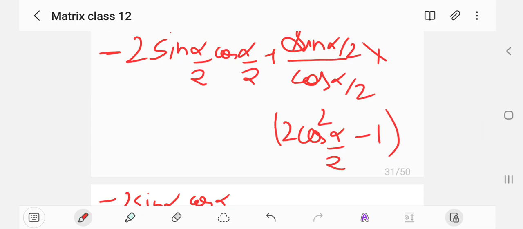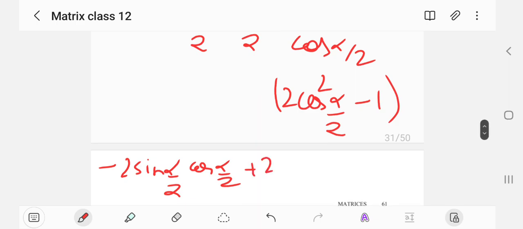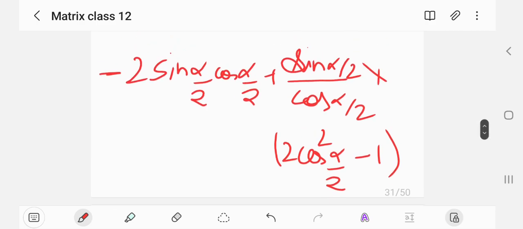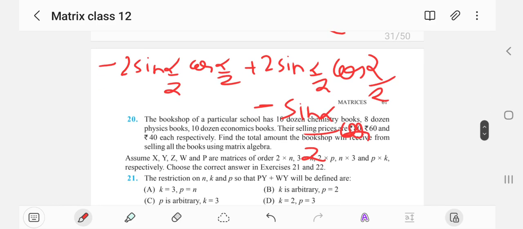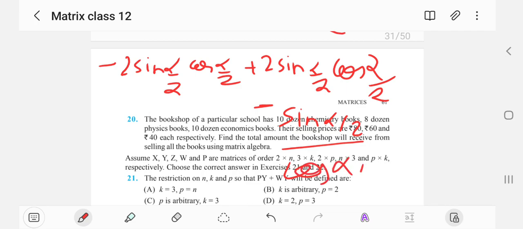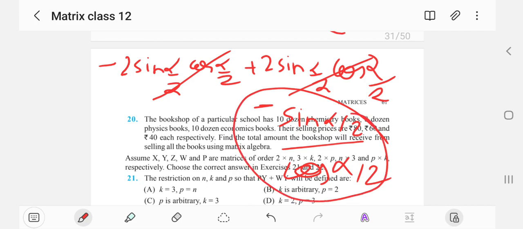I will get plus 2 sin alpha by 2 cos alpha by 2 minus sin alpha by 2 upon cos alpha by 2, right? This is what I will get, and these both parts will cancel. I will be left with this, and what is this? This is minus tan alpha by 2, right?